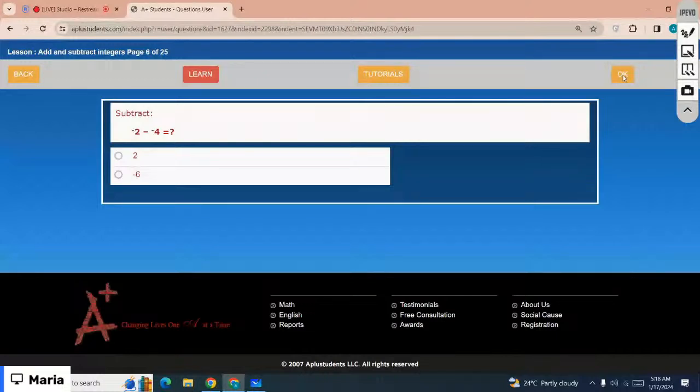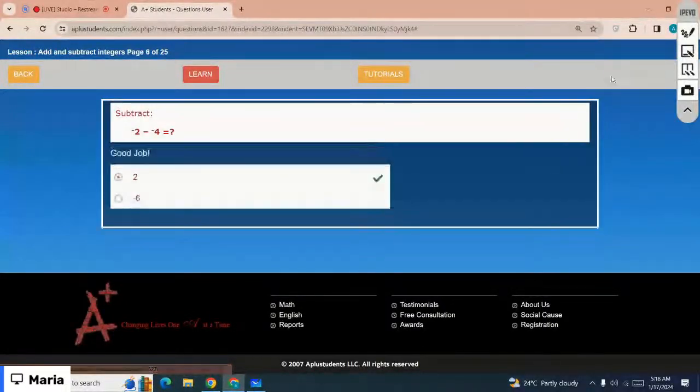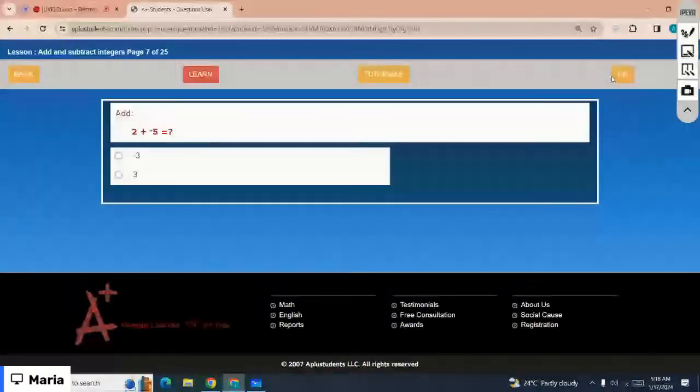Yes, the correct option is 2, right? Okay, the next one is 2 plus minus 5, which is the correct option?